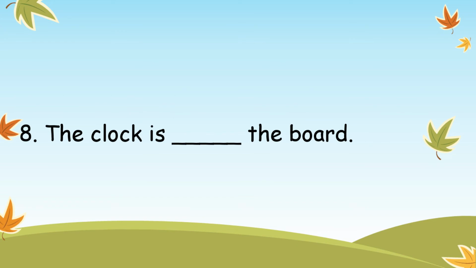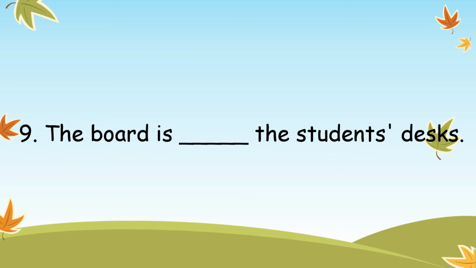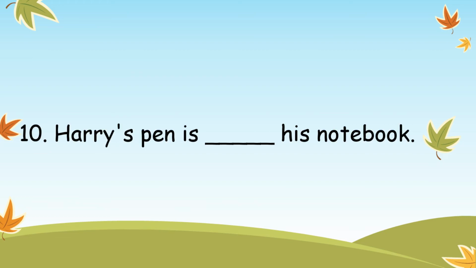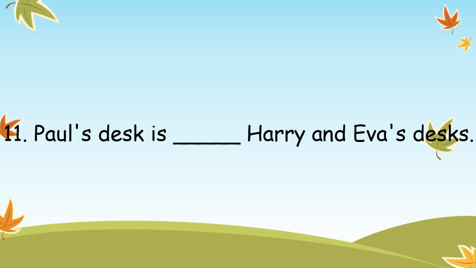The clock is near the board. 9. The board is opposite the students' desks. 10. Harry's pen is next to his notebook. 11. Paul's desk is between Harry and Eva's desks.